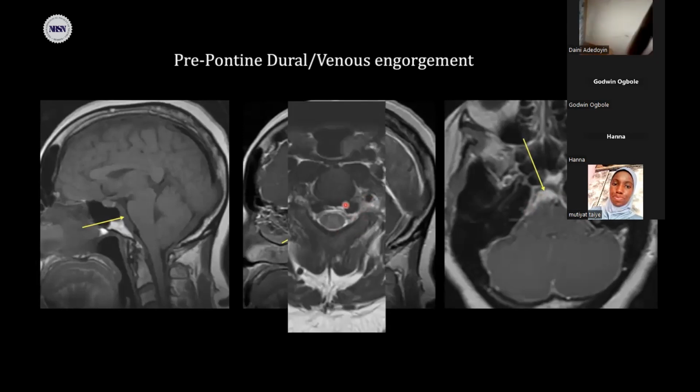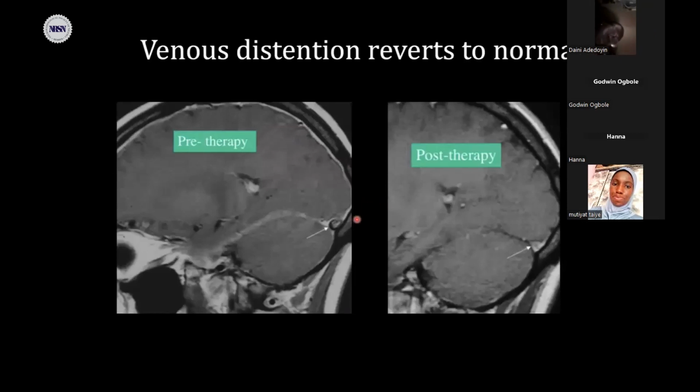Bear in mind, you can also see enlargement within the venous plexus on the spine images. So we see here, I keep saying, the convexity of the dural sinus in an engorged state, and in post-treated patients, it returns to normal, where you have more of a concave sinus.